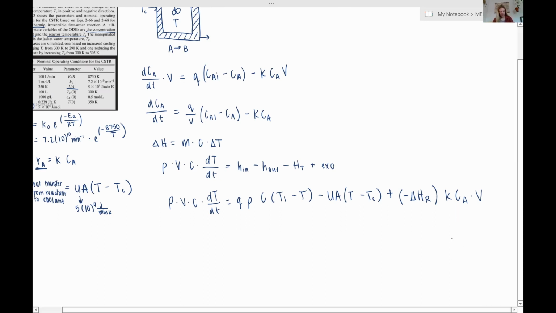Also, if we were to have a big difference in our temperature inside of our tank and our coolant temperature, it is greatly going to decrease the change in temperature over time because we're subtracting that from our equation.